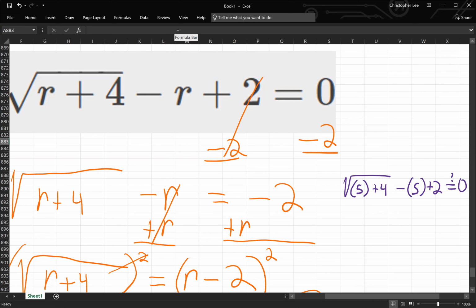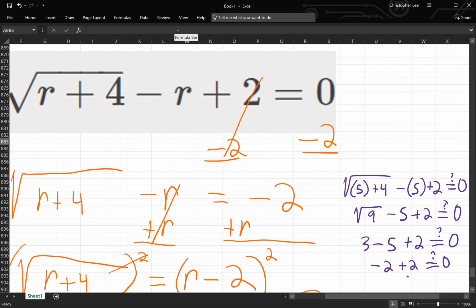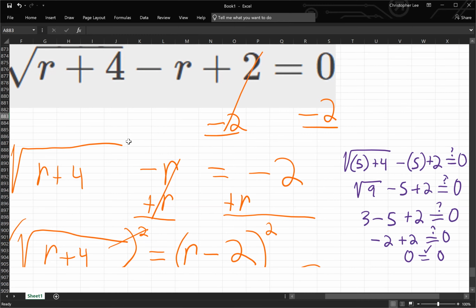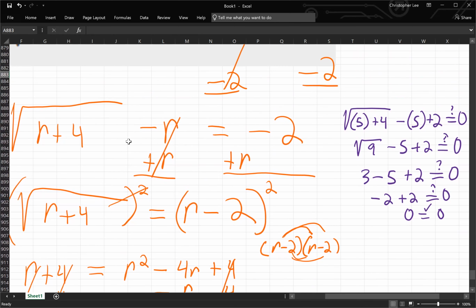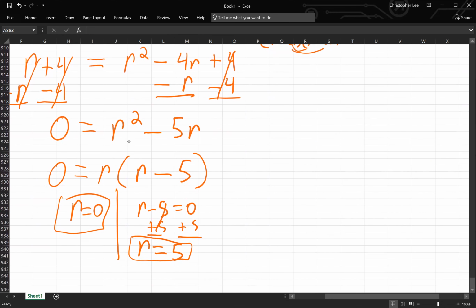Let's see. 5 plus 4 is 9. Square root of 9 is 3. 3 minus 5 plus 2, allegedly is 0. 3 minus 5 is -2, plus 2. Allegedly, that's 0. And 0 does, in fact, equal 0. So 5 is legit. Oh, this is a check, by the way. So we're good to go with 5. 5 is a good answer.